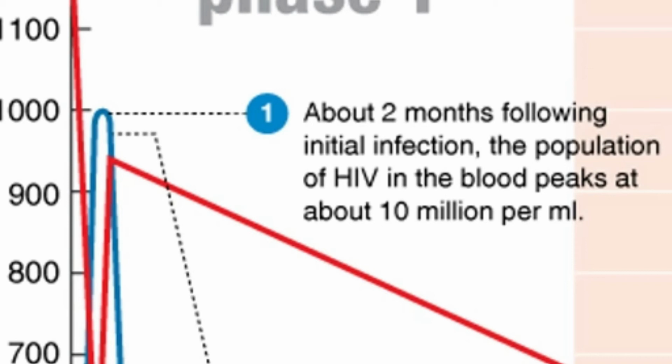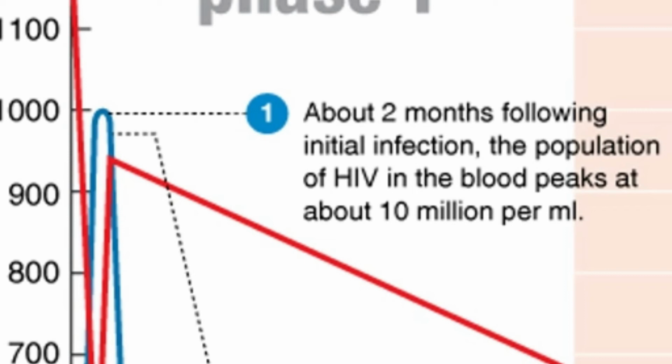So they don't feel well, but because their immune system is functioning normally, they quickly clear almost all of the viruses out of the bloodstream and their T cell population recovers. Notice though that the population of helper T cells does not go back up to the normal level of 1,200. So you're already immunocompromised, and that's why you could have this chronic lymphadenopathy. You have chronically swollen lymph nodes because your immune system has become activated.